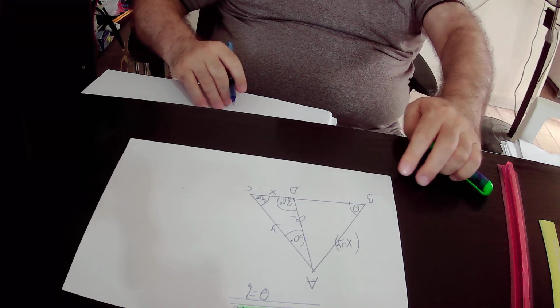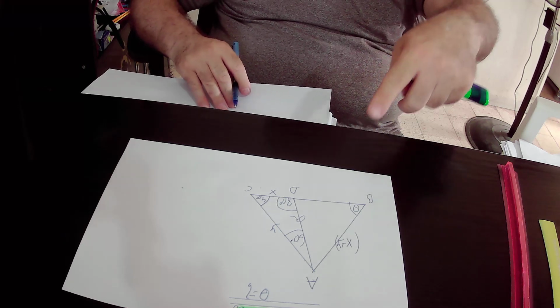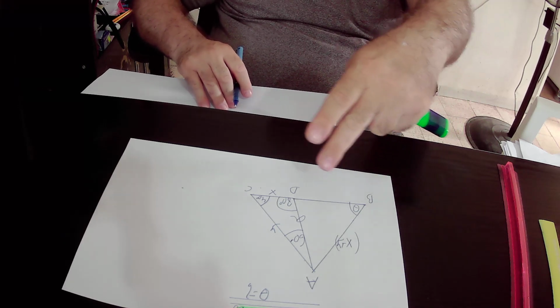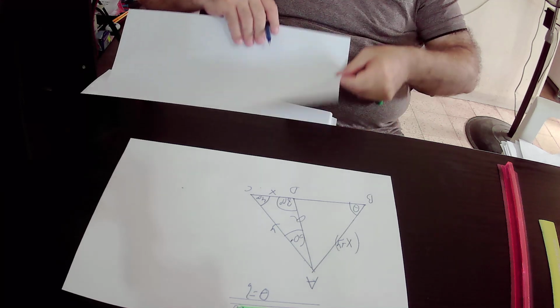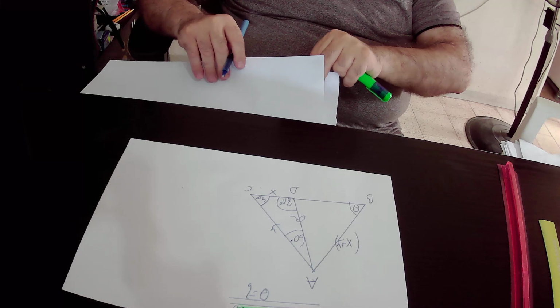In the next step, I will present to you the law of sines, and we will implement the law of sines in triangle ADB and triangle ADC. So, what is the law of sines? The law of sines is true in any triangle.